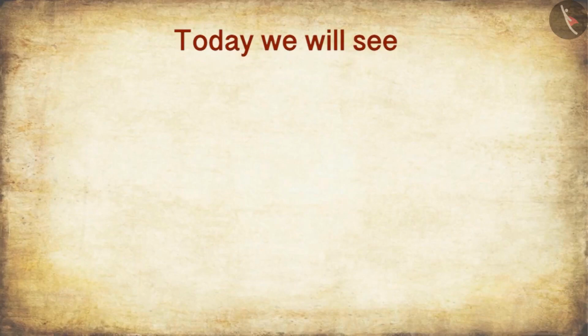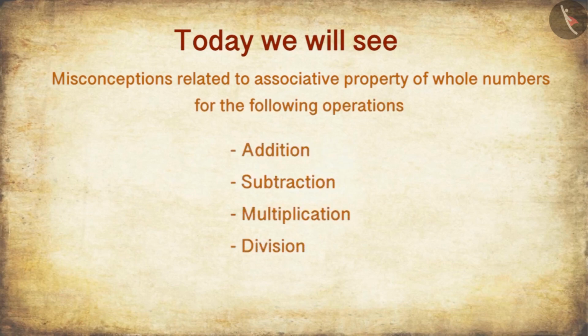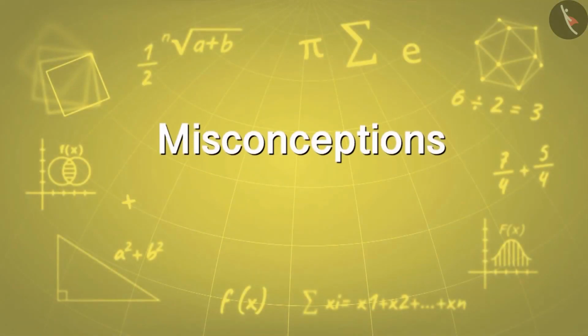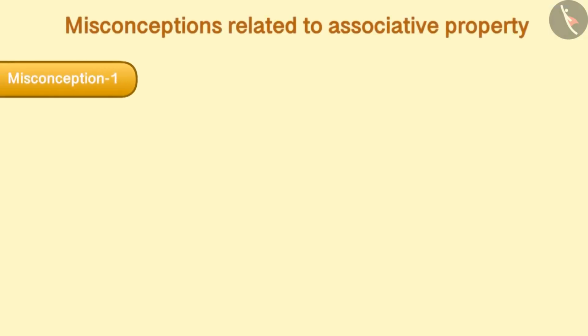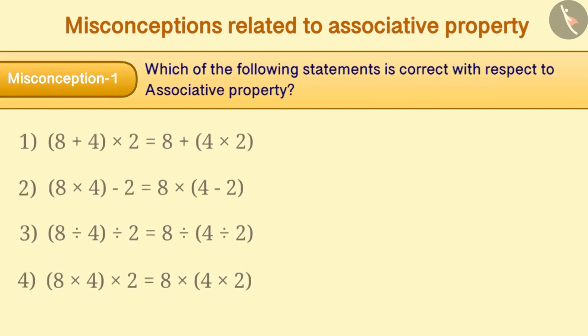Today, we will see misconceptions related to associative property of whole numbers for the following operations. Misconception 1. Which of the following statements is correct with respect to associative property?